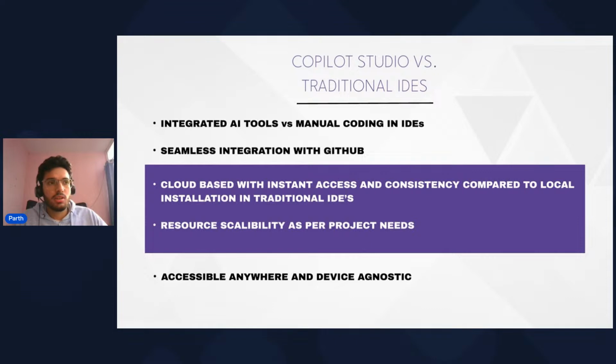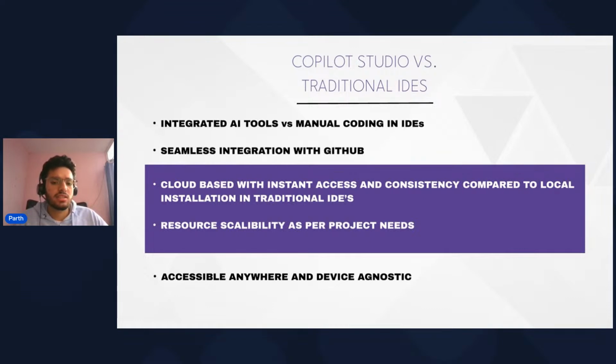If you want to train some LLM models, you need powerful GPUs or CPUs for that, so you can allocate resources according to your project's needs. If you are just building a simple web app, you don't need that many resources compared to machine learning. So you can allocate resources based on your project requirements.